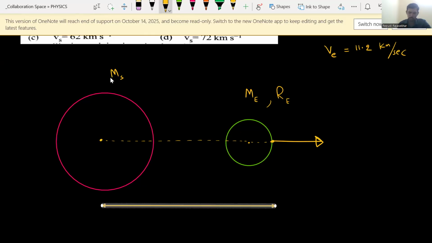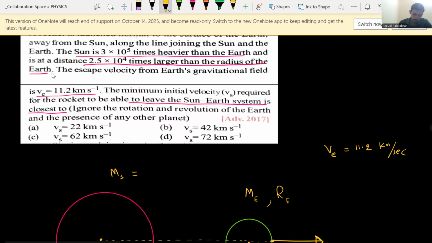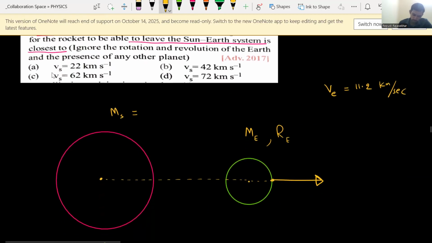This distance is already given, and how many times it is given, we will write everything. The mass of the sun is given in the data as 3 into 10 to the power of 5 times heavier than the earth, meaning 3 into 10 to the power of 5 times the mass of the earth. So I have taken the mass of the earth as m_e, and this is 3 into 10 to the power of 5 times m_e.